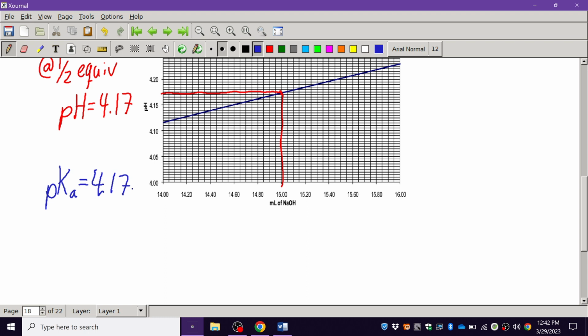So it's 4.17. And so as was said, if we want to get the Ka, we're going to take 10 and raise it to the negative 4.17 power, keeping in mind that we need 2 sig figs for our Ka value. So what do we get? Yes, 6.8 times 10 to the negative 5th.